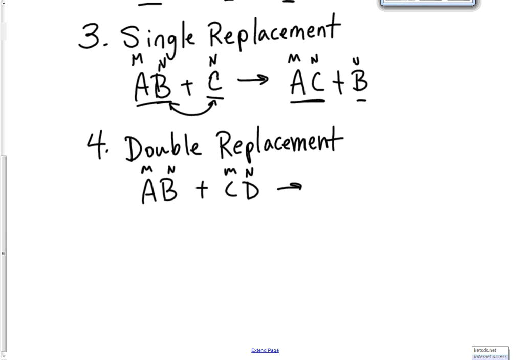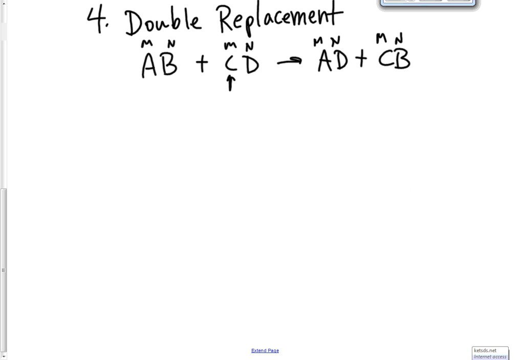So you have AD, okay, plus CB. Now, you say, why isn't it just BC? Well, if you think back to how ionic compounds are put together, you have the metal first and the non-metal second. So you have to have the metal first again, which was right here, and the non-metal second. Okay? So you still have to follow the same rules as we were earlier. It's just, now we've only got letters here as placeholders.